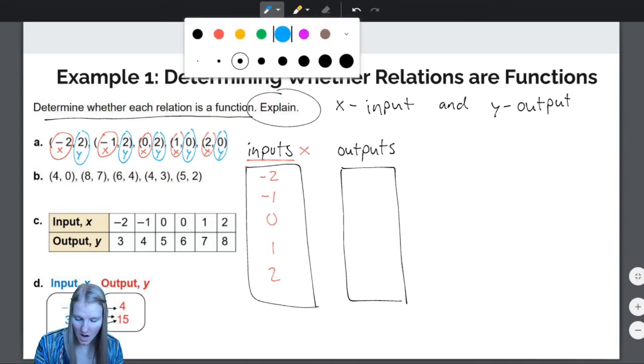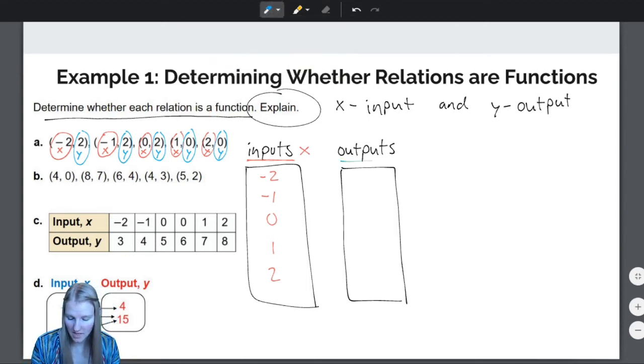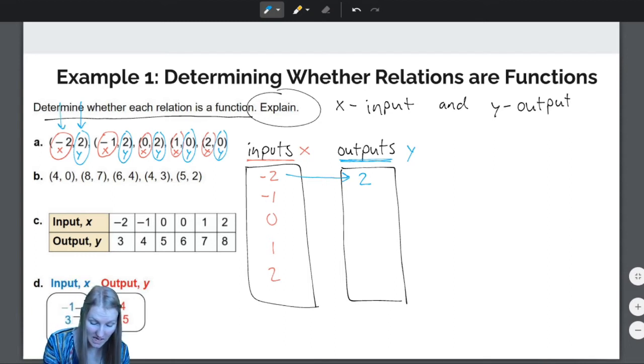Now, I'm going to put all of the outputs, or the y's, in the second box. So we have -2, 2, and those go together. So I'm going to draw an arrow. If you give me -2, if that is the input, I get +2. So I'm going to draw an arrow between those because they're from the same point.